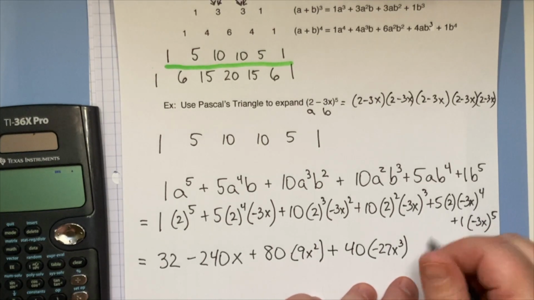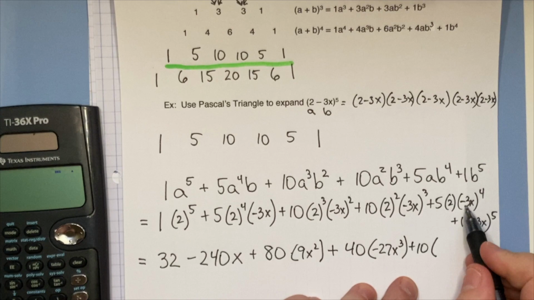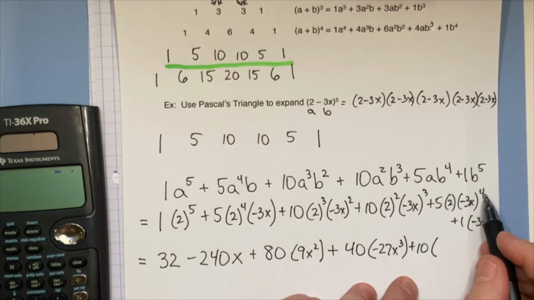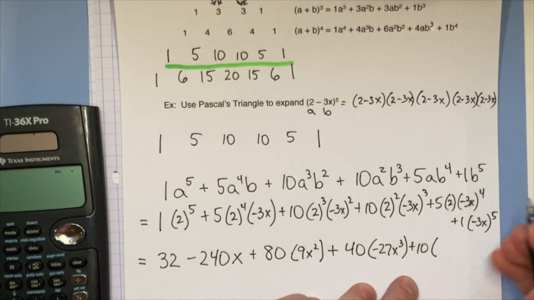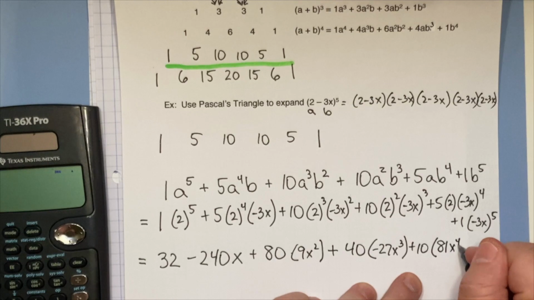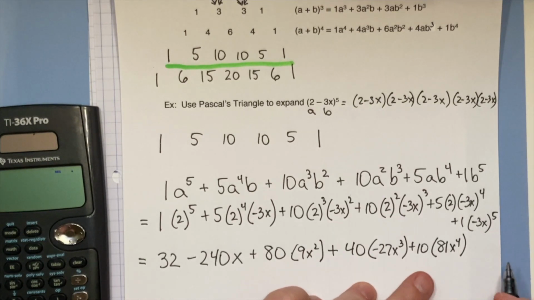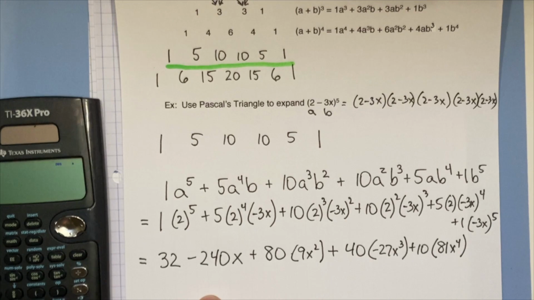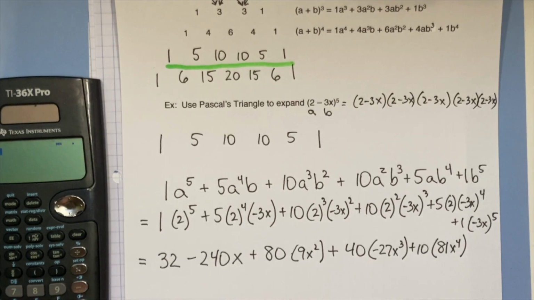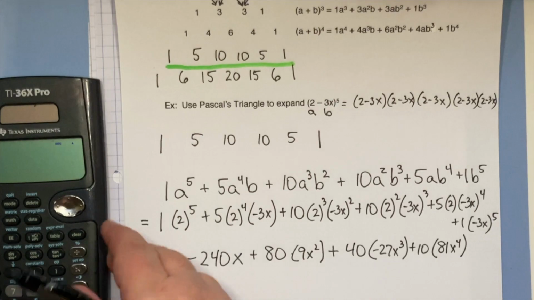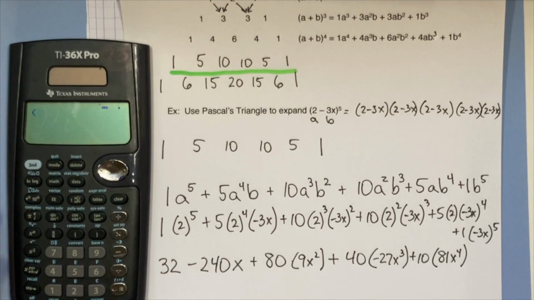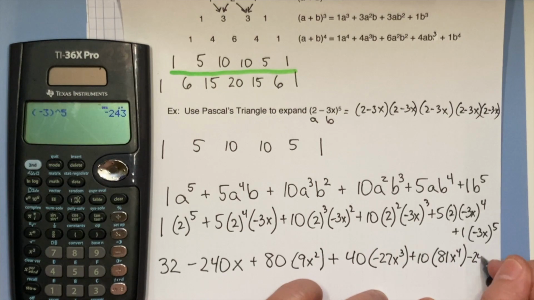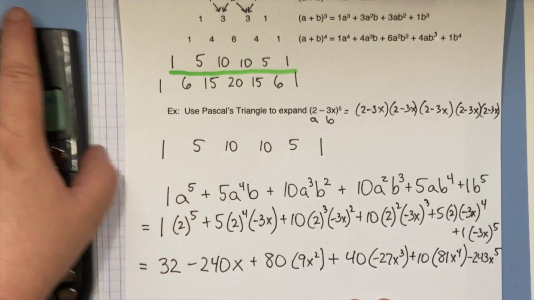Then this is going to be 5 times 2, which is 10. Now negative 3x to the fourth is going to be 81x to the fourth. It's positive because that's even. And the last one, I don't happen to know this one, so negative 3, let's see, let me do it so you can see. Negative 3 raised to the fifth gives me minus 243x to the fifth.